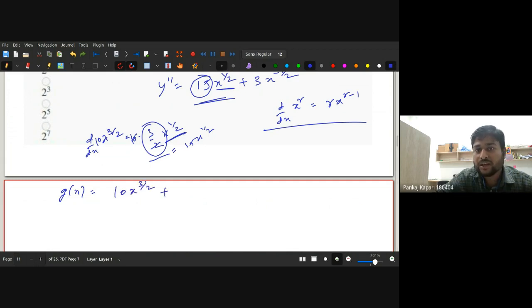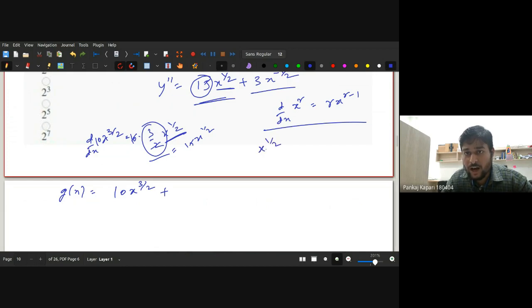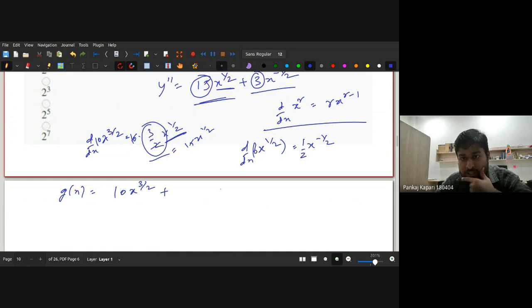And plus, now we will guess the second term. So from where this derivative came, right? This must have come from x to the power half, right? Because if you differentiate x to the power half, then you will have x to the power minus half with a factor of half. But here you have a factor of 3 also, right? That means there must be a factor of 6.